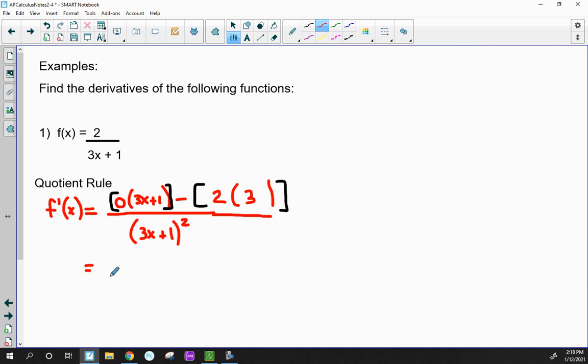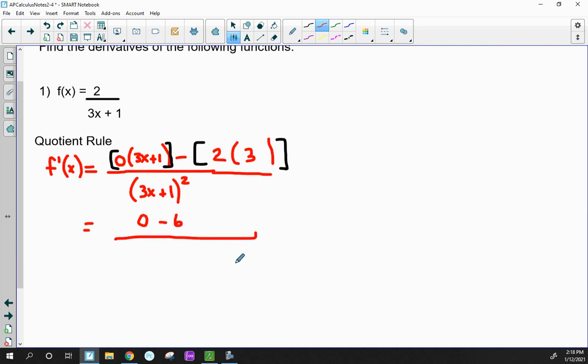Now it's time to simplify. Numerator, 0 times anything is 0. 2 times 3 is 6. So on top we're left with 0 minus 6. On the bottom I have 3x plus 1, quantity squared.